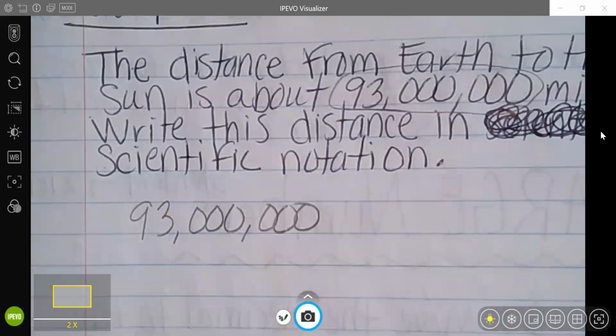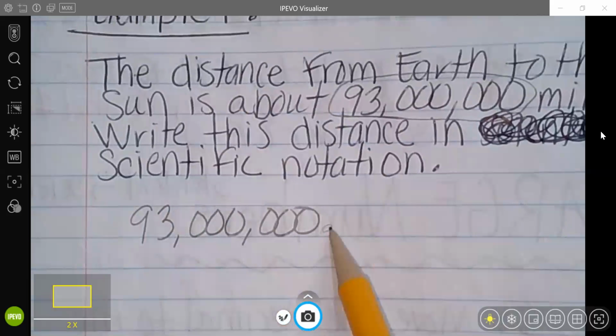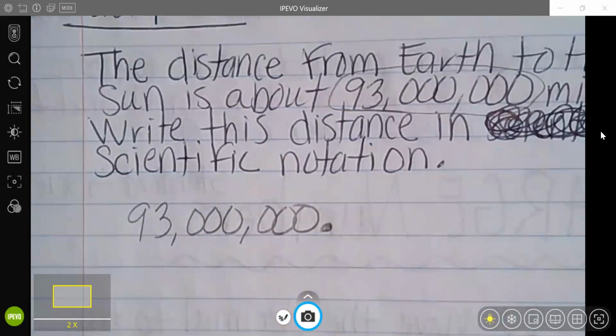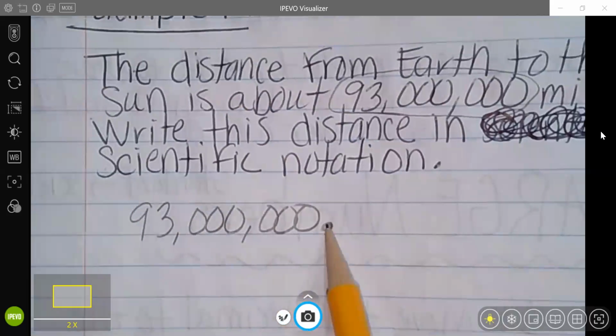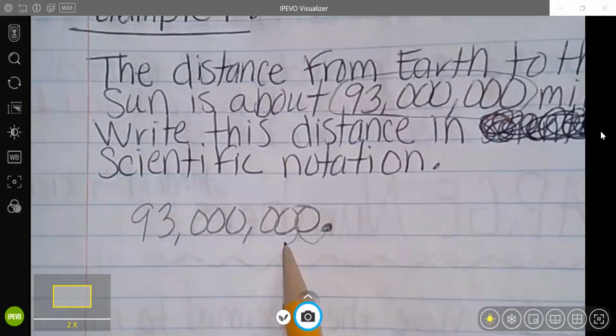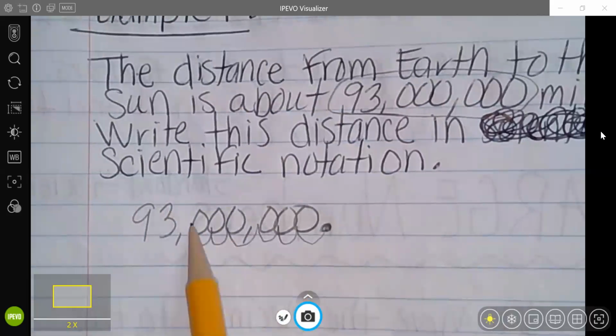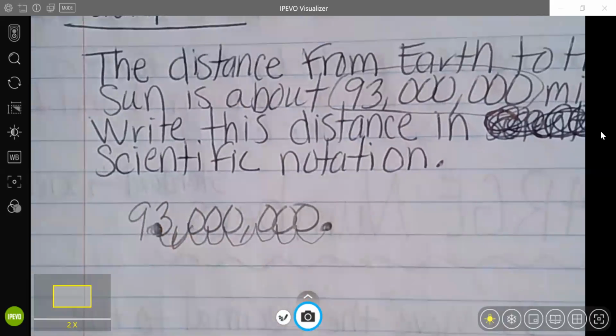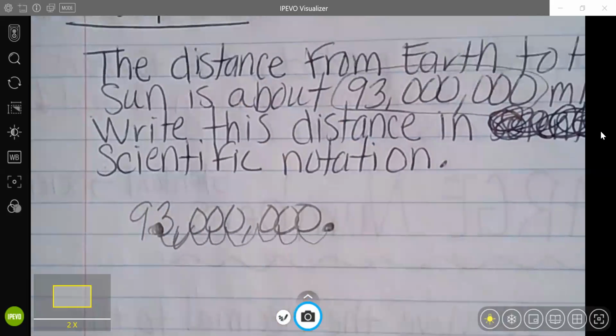So now I'm going to take the decimal. Remember, if it's a whole number, the decimal is on the right at the end of the number. And we're just going to move the decimal basically till we get to between 1 and 10. So from here to here, I have 9.3, and that actually fits what I needed to do.